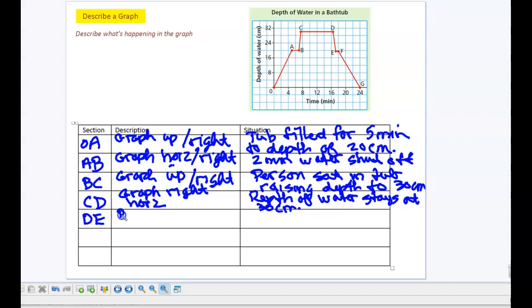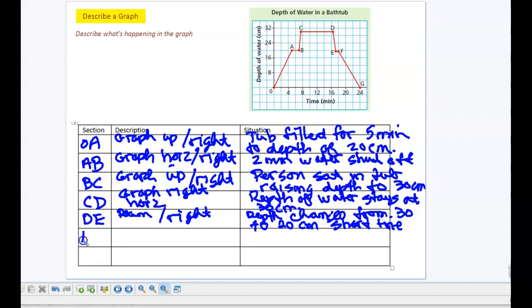So the graph is down and to the right, and depth changes from 30 to 20 centimeters in a short time. So I'm assuming that's when the person got out of the tub.